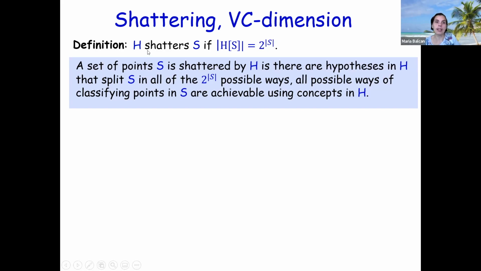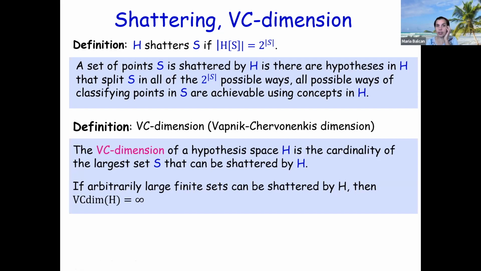So H shatters my set S if I can label S in all 2 to the size of S possible ways using classifiers in H. Okay, this is what shattering means.